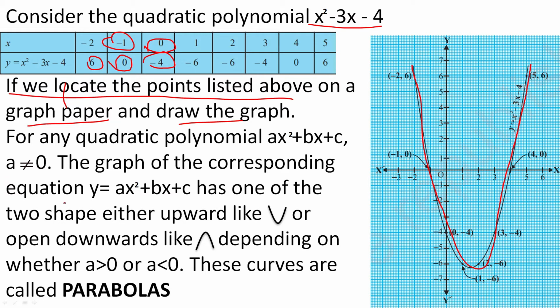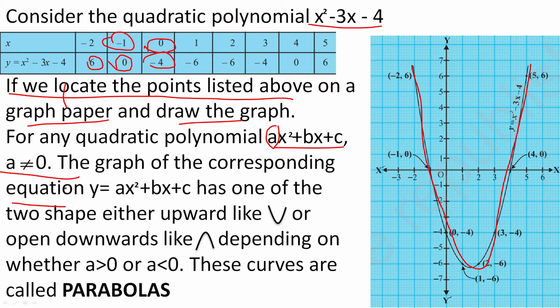For any quadratic polynomial ax square plus bx plus c, a is not equal to 0, because if it is 0, then it won't be a quadratic polynomial. So the condition is that a should not be 0.